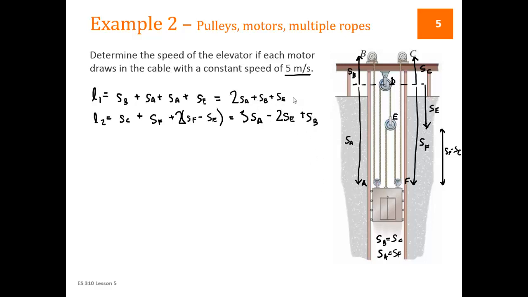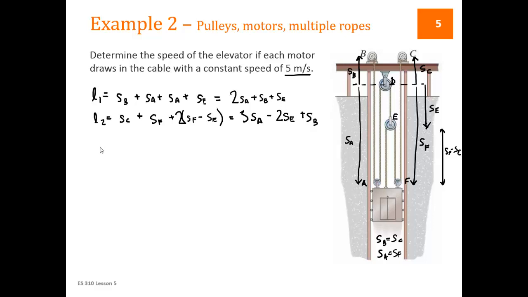So we're going to combine these two equations to get one equation with two variables. The two variables we want are going to be SB and SA, because we want to relate the given velocity of B and C to the velocity of the elevator, which would be A. Alright, so let's take the derivatives.